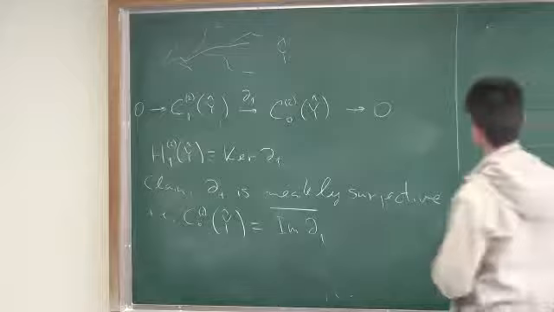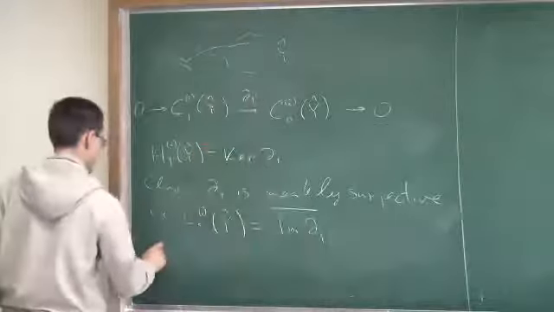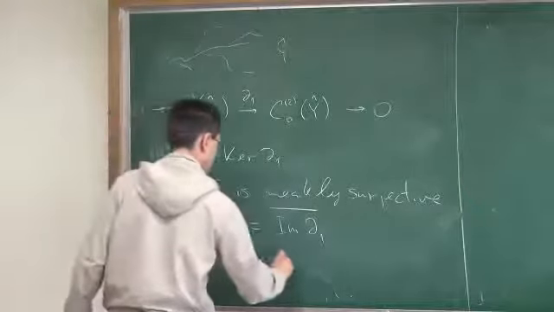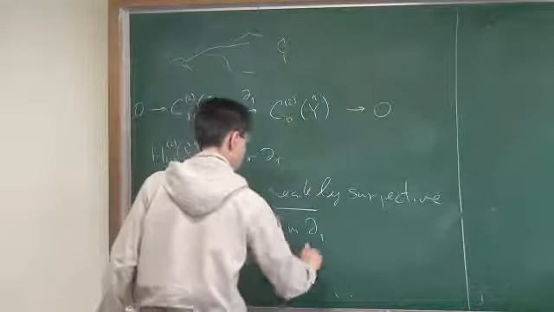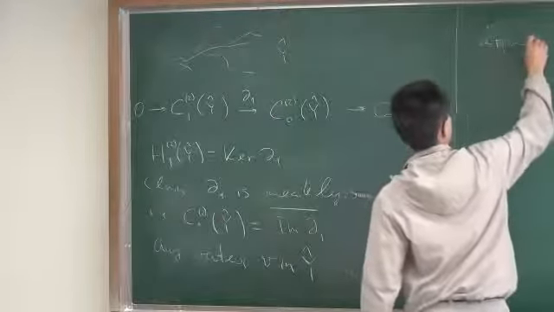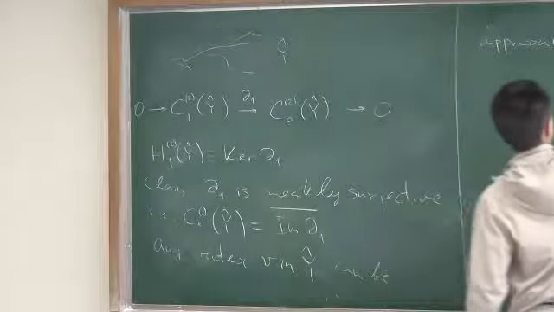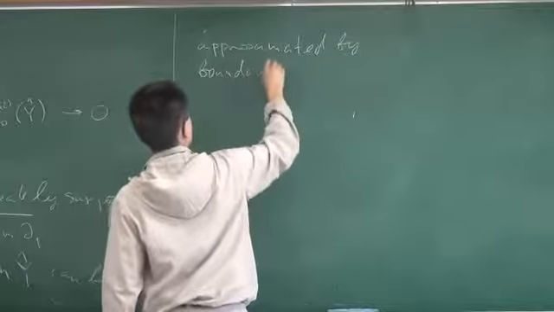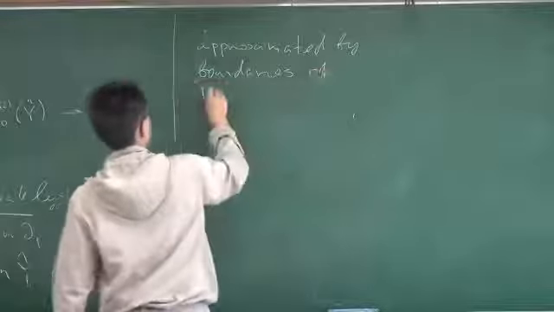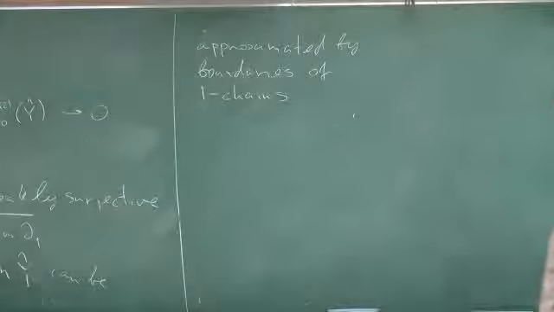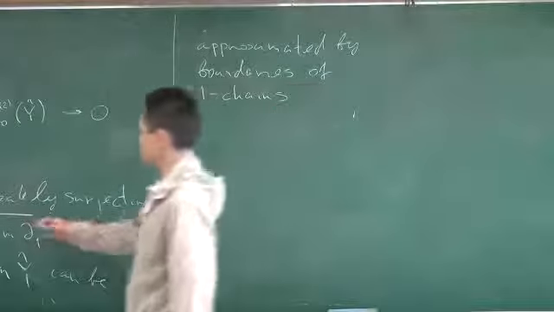The proof is by: any vertex v in y hat can be approximated by boundaries of one-chains. So we did this. That means that this map is weakly surjective.